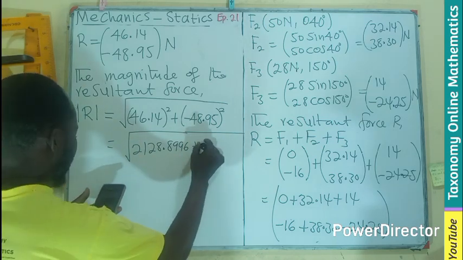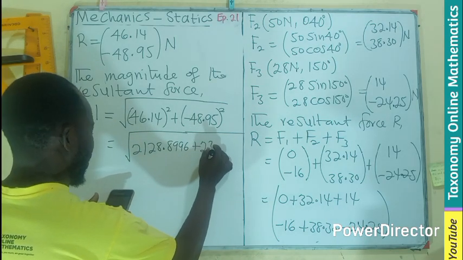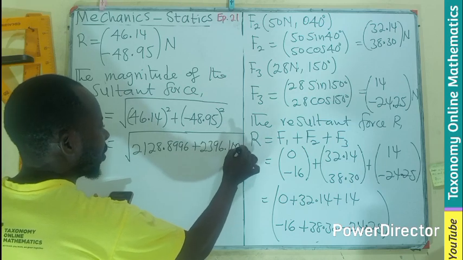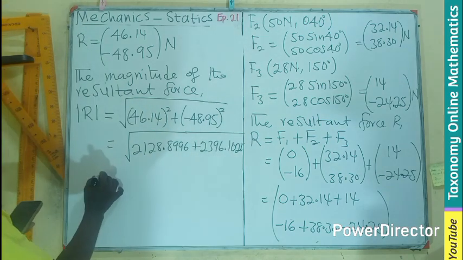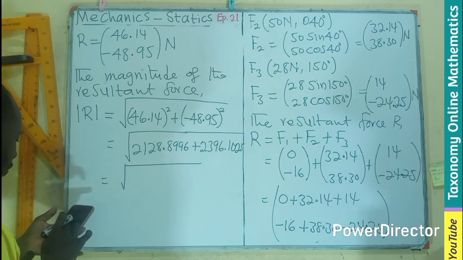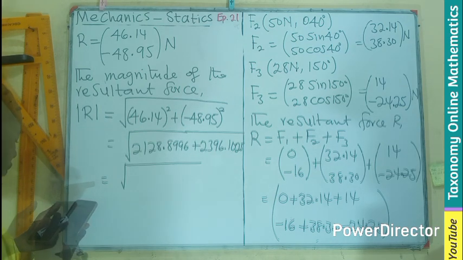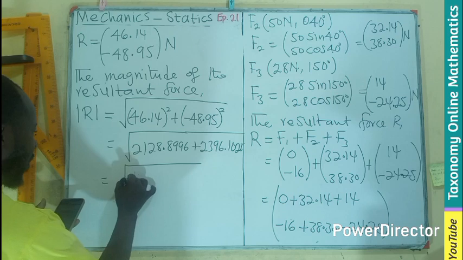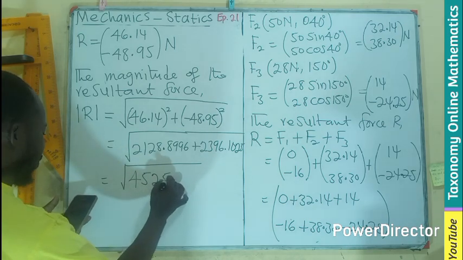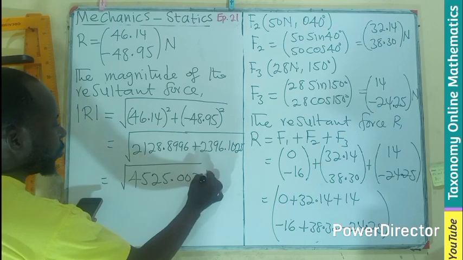So I should be left with the square as 2396.1025. Let's add all that together. If you compute all, we should have 4,525.0021.